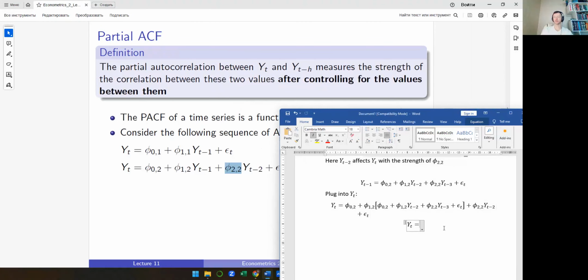It is going to be something like this: phi 0,2 times 1 plus phi 1,2. We open the brackets. Then there is going to be plus yt multiplied by the coefficients here. So what are these going to be? These coefficients are this coefficient plus this coefficient squared.